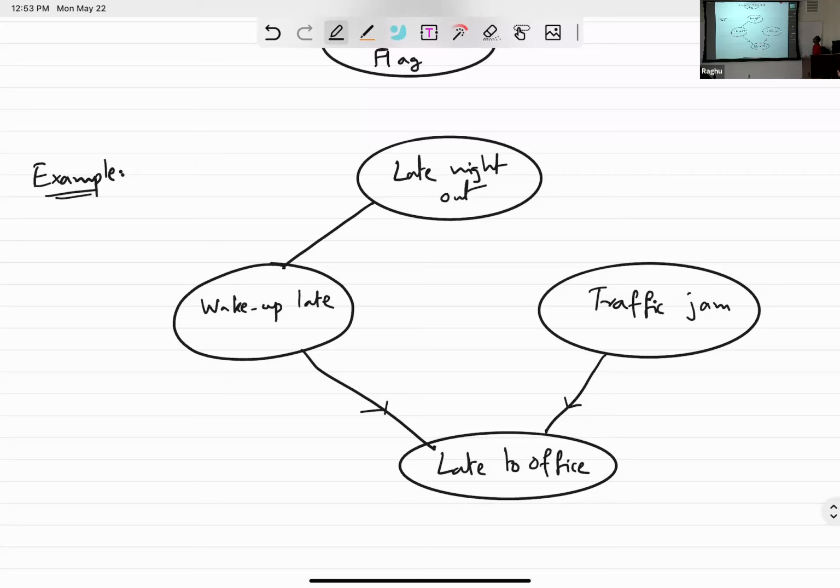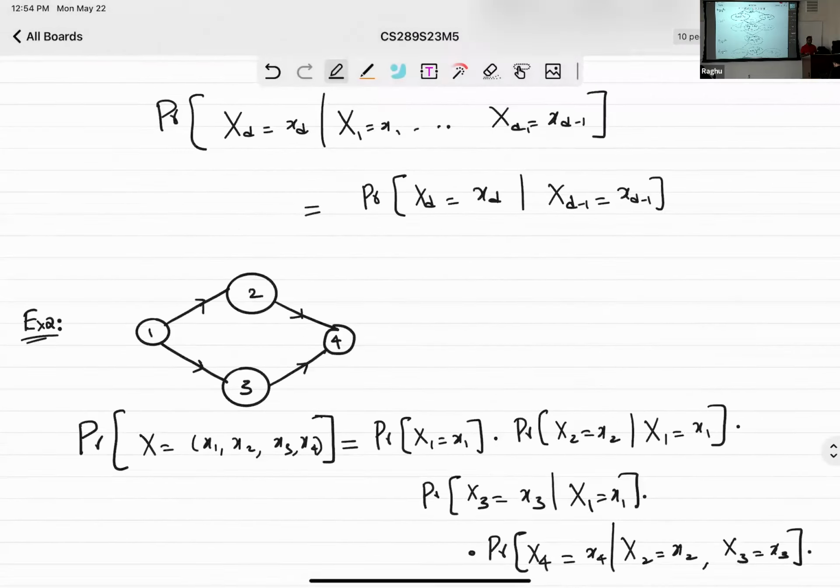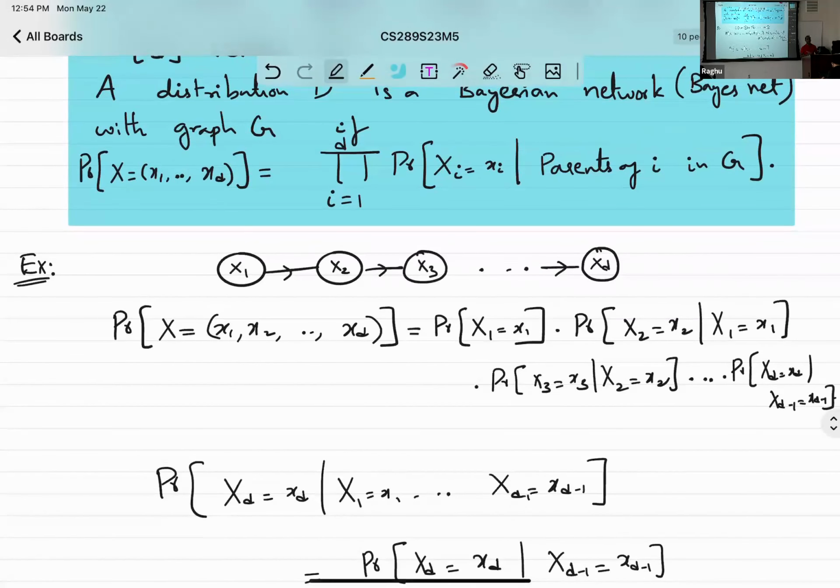These are toy examples, but really think of graphs which are millions of variables. You have millions of chromosomes, millions of genes. You're trying to decipher, is there a nice underlying conditional independent structure?